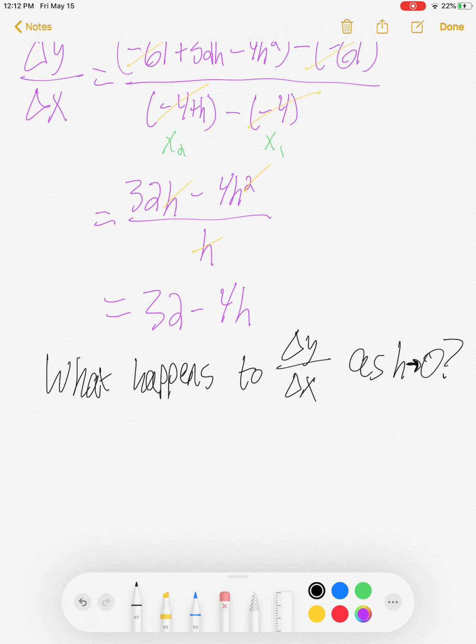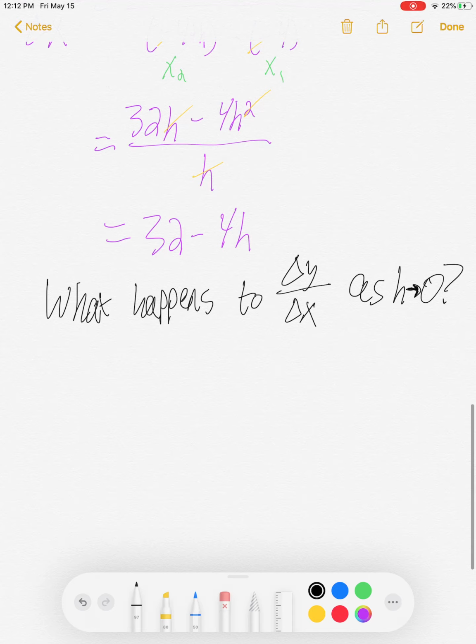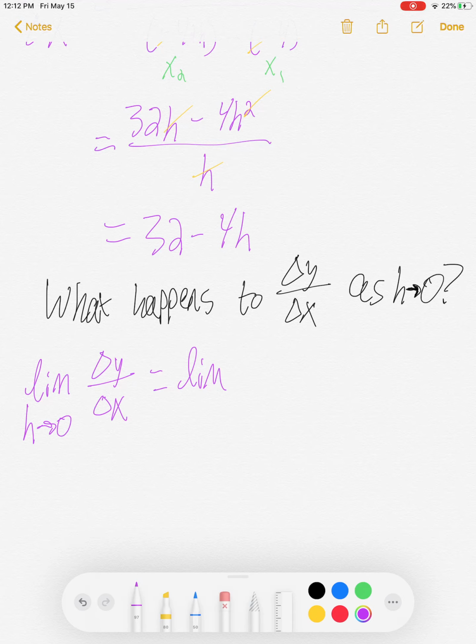And so this brings us to the calculation. We want the limit as h goes to 0. This is new in this section, this idea of a limit. So the limit as h goes to 0 of delta y over delta x. Well, we just showed that delta y over delta x is just 32 minus 4h.